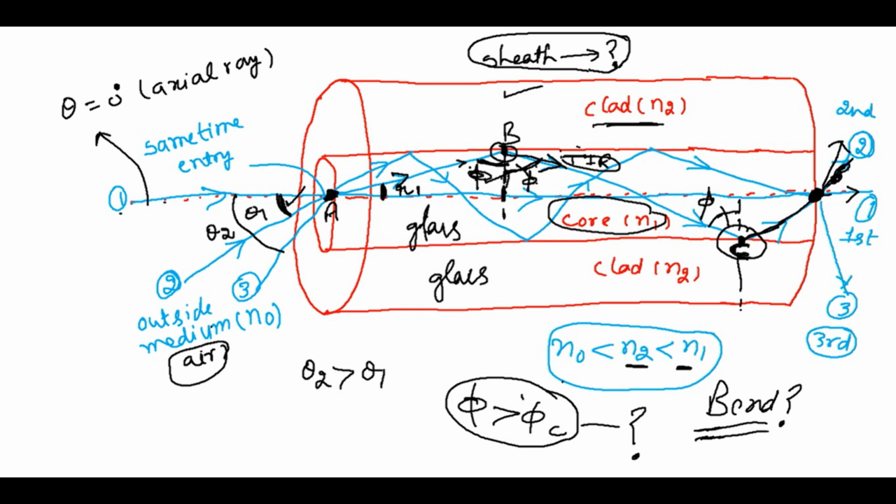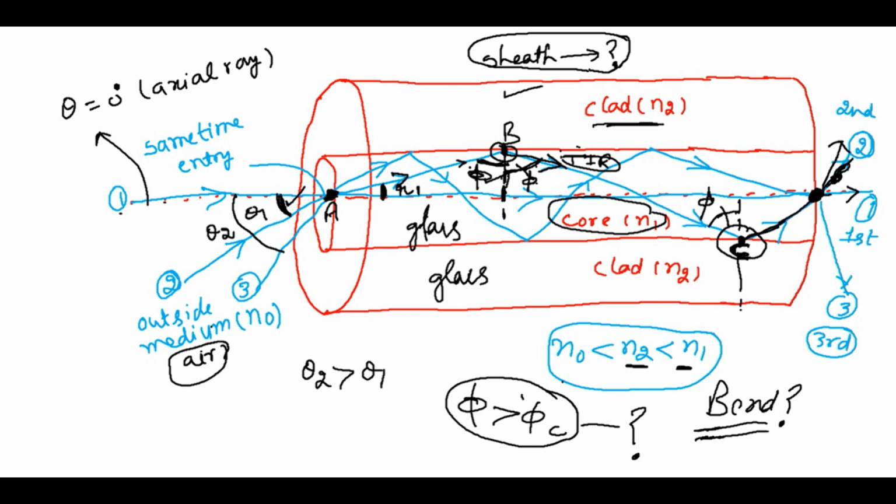As a result of this, if both rays have equal speed, then the ray which will come out of the fiber first will be the one which has traveled less distance, and the ray which will come out later will be that ray which has traveled more distance. In our case, ray number 2 has traveled more distance as compared to ray number 1.